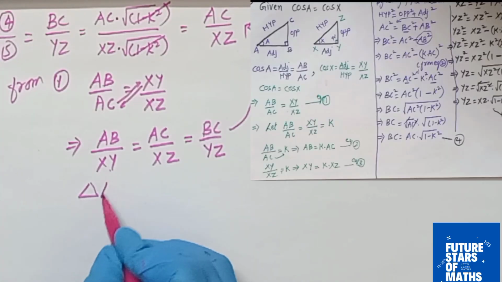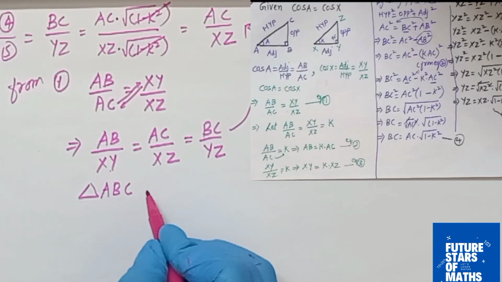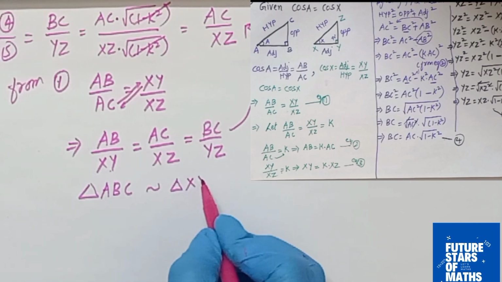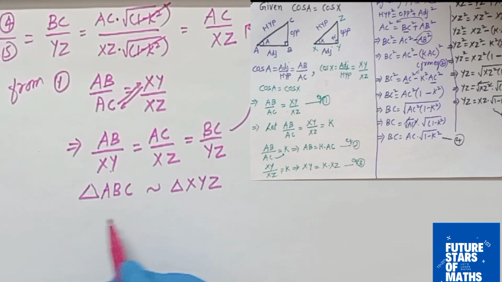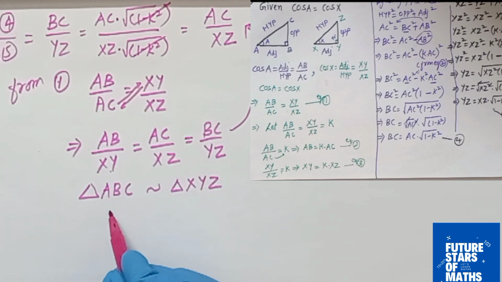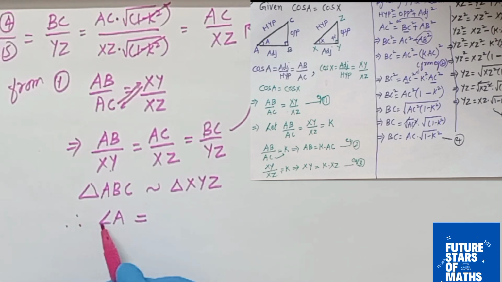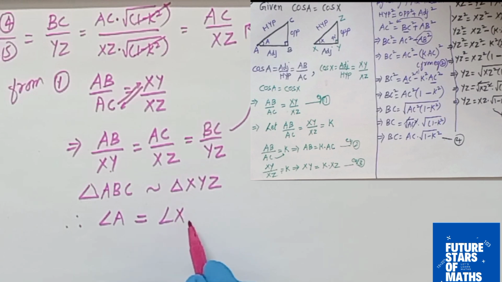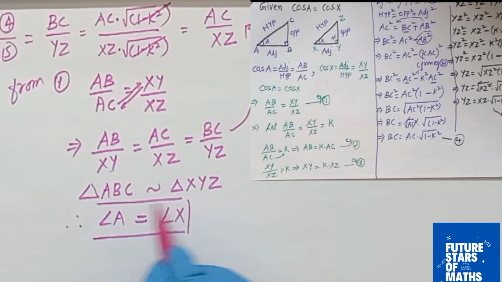That both triangles, ABC and triangle XYZ, are congruent. Then what happens if the corresponding sides are equal? The corresponding angles also become equal. Therefore angle A equals angle X. The same type of sum is there in examples using sine. You can see that and do the sum. Thank you.